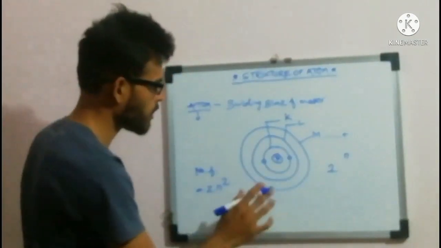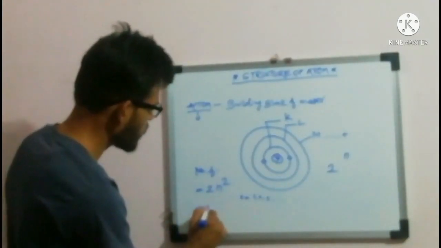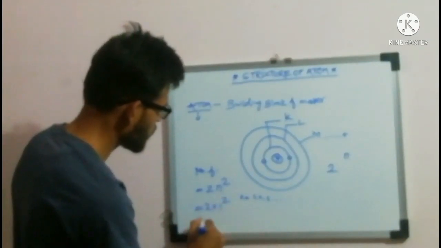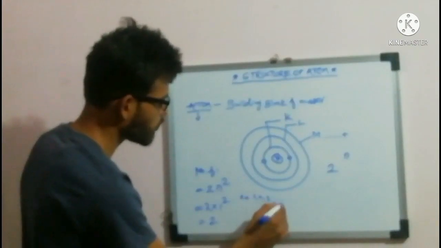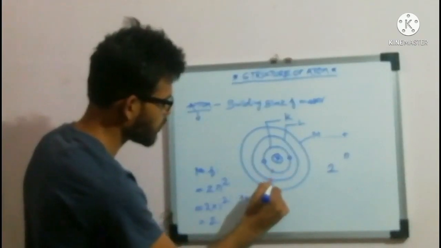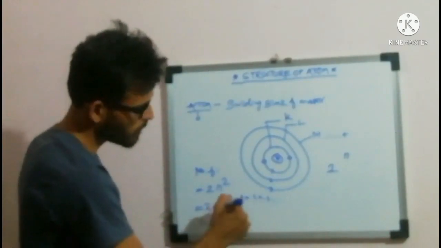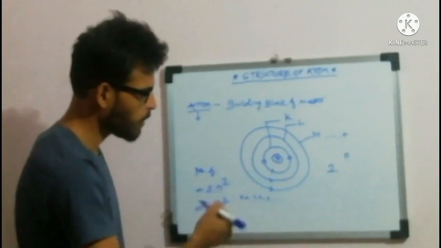If you take the example of n equals 1, it means 2 into 1 squared, which is 2. This is shell number 1, 2, 3, 4, 5, 6. So for the first shell we selected n as 1, and that's why it shows that only 2 electrons can revolve in that shell.